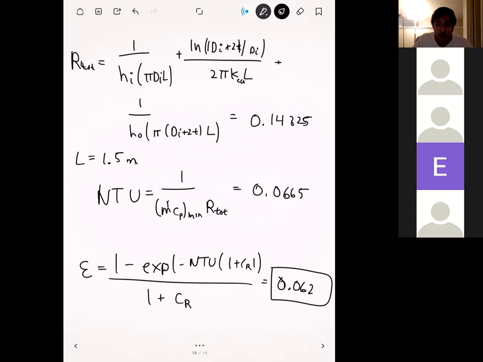Okay, so any questions on this? All right, so we're almost done. Now that we have the effectiveness, everything else kind of just falls into place. We can compute the actual heat transfer rate for this heat exchanger.